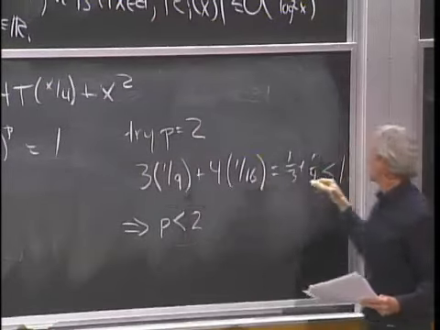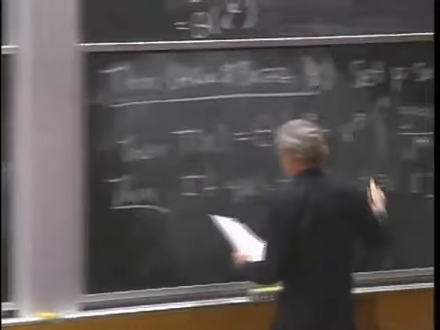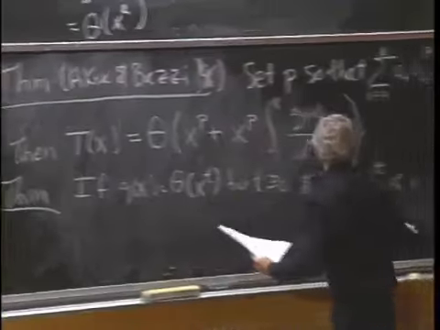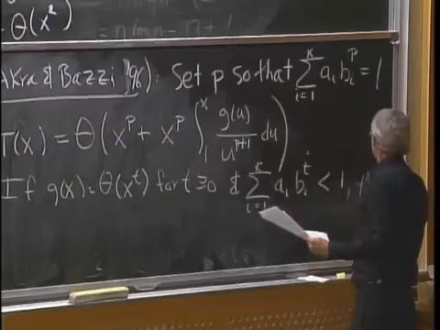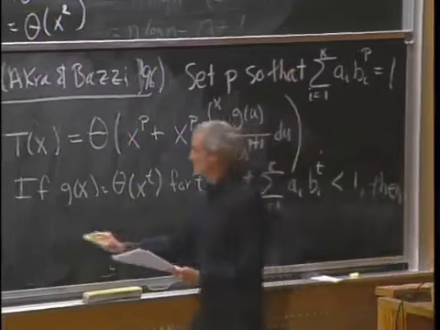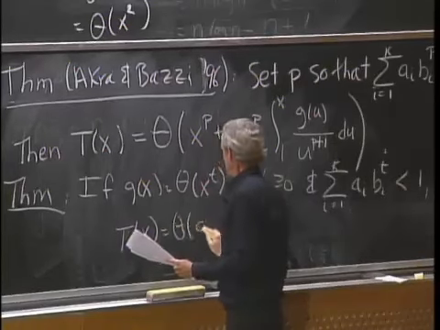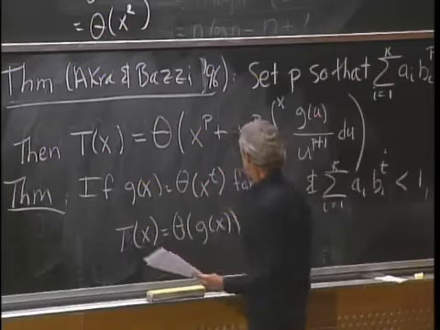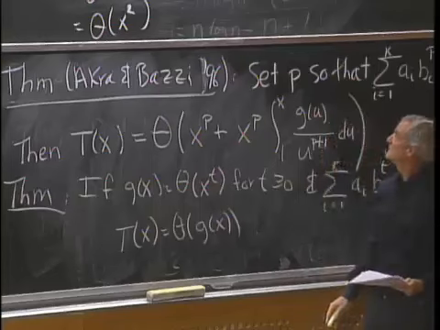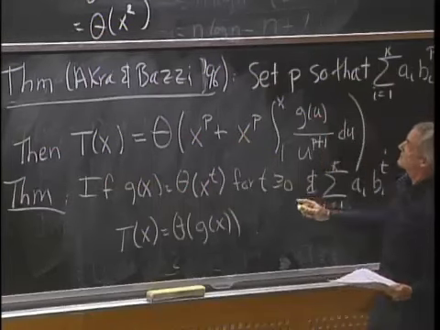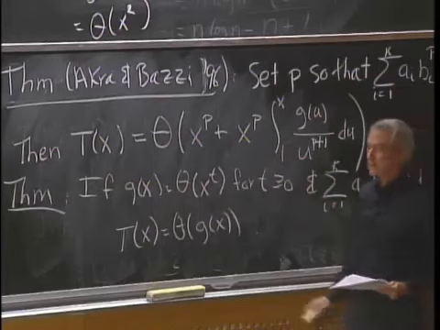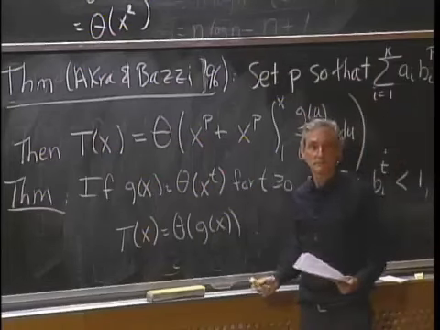All right, if that happens in general, then the answer is theta g of x. Plain and simple. It just turns out to be the g of x term up to constant factors.